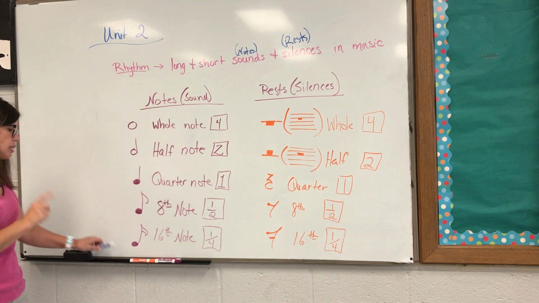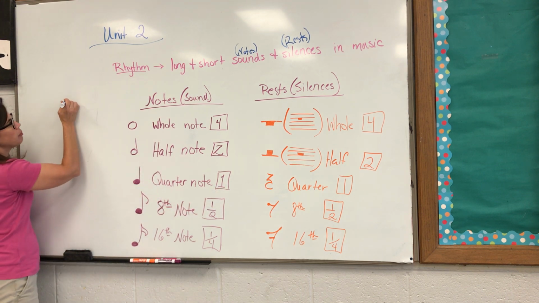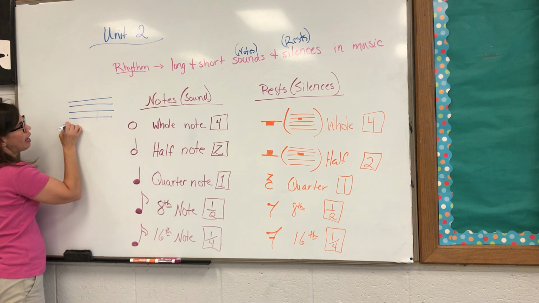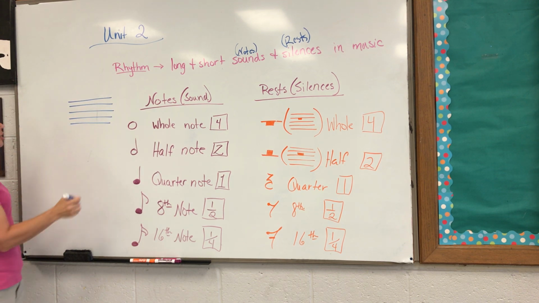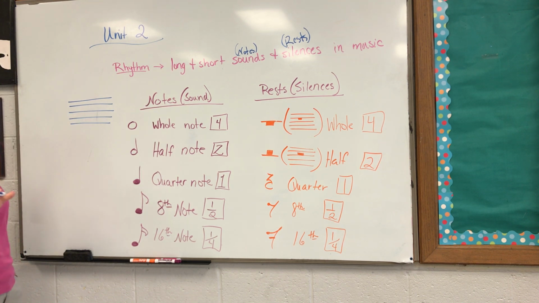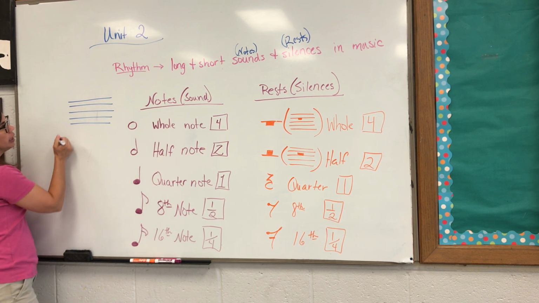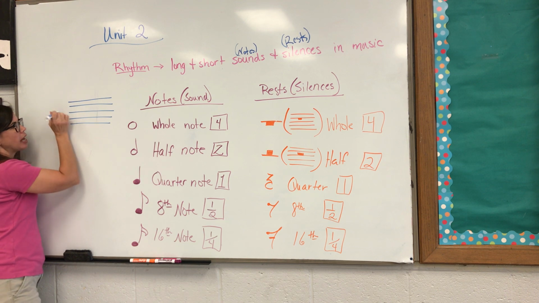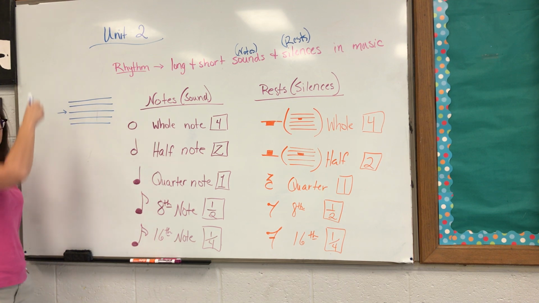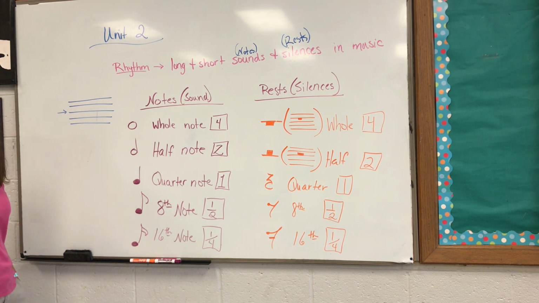Now, before I move on to the 8th note and 16th note, let me show you really quickly. When you have notes on the music staff, do not let the direction of the stem throw you off. It really doesn't mean anything other than it's a rule about stems. When you're writing notes on the music staff, if you have notes that are below the 3rd line, then the rule says the stems are just to go up.